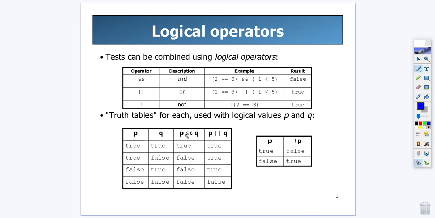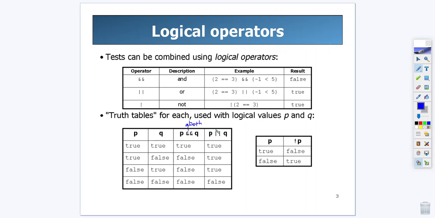And so now you'll notice when I do P and Q, I have to look at my P value and my Q value. And when both of them are true, it will evaluate to true. So that's why we have a true here. However, if either of them is false, or if both of them are false, it would evaluate to false. So for this, we need both to be true.